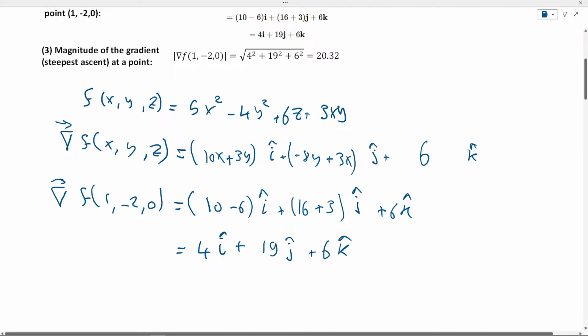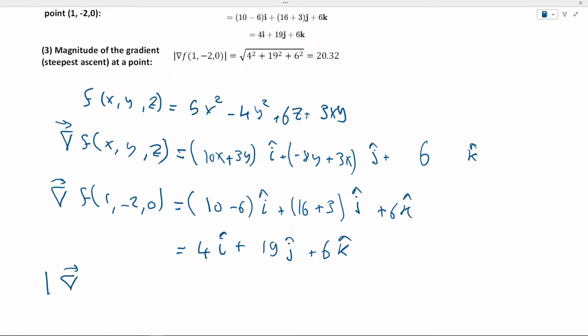Now, what is the magnitude of the gradient, the steepest ascent? The magnitude of this gradient, the steepest ascent of f. And here you don't need to put this because it is understood that this is a vector.